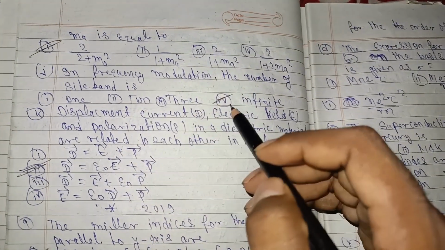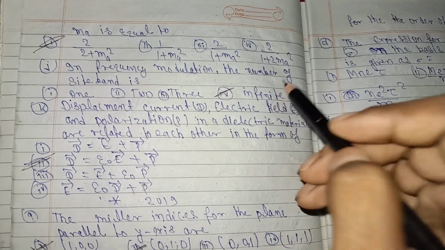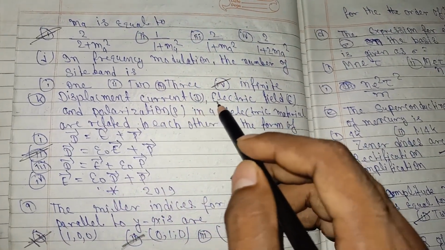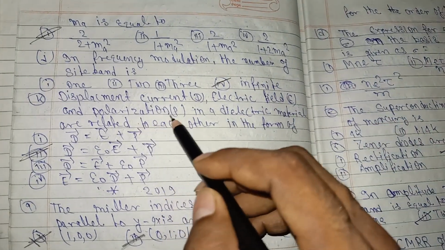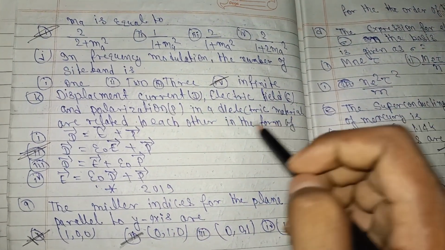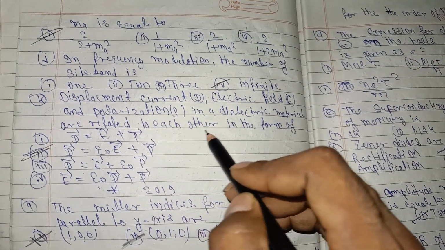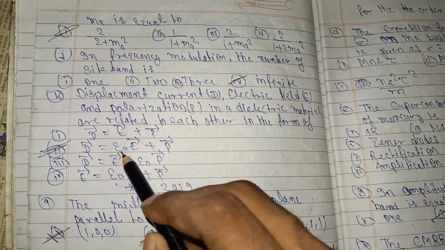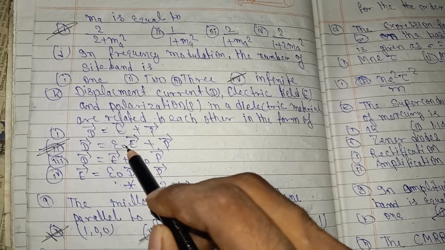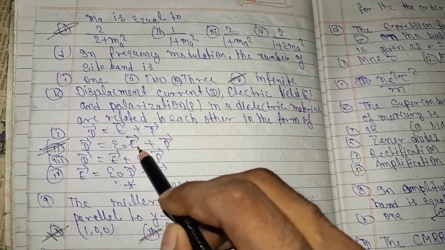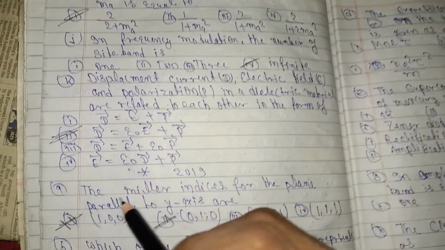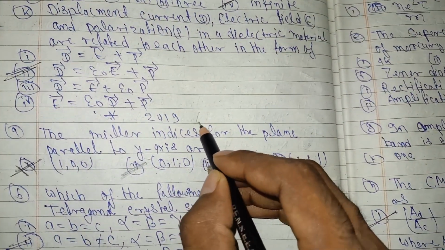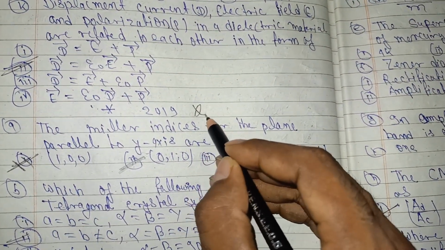Question number J: in frequency modulation, the number of sidebands is infinite. Question number K: the displacement D, electric field E, and the polarization P in a dielectric material are related to each other in the form D equals epsilon 0 vector E plus P.